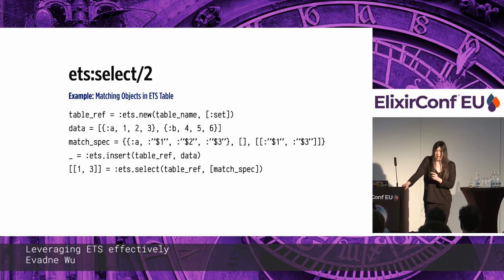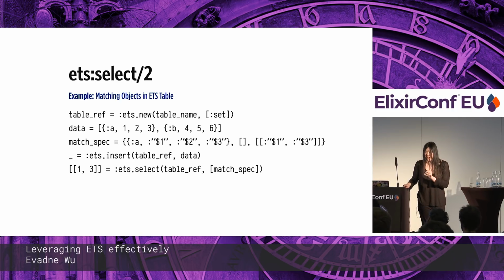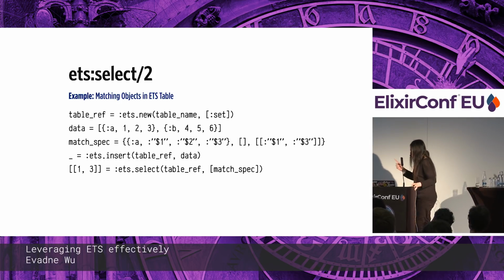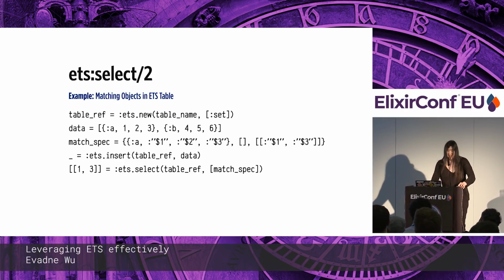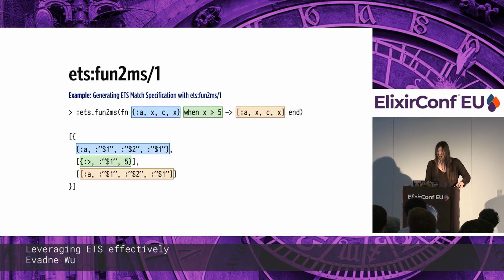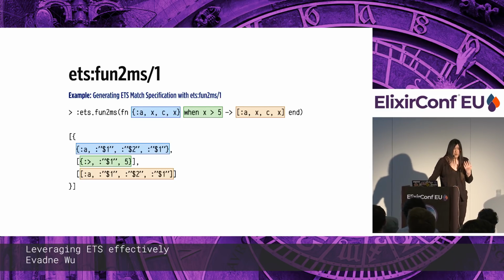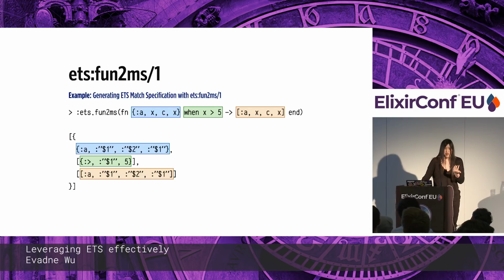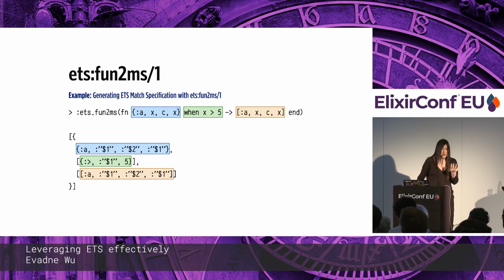But then you can see that the third element in this tuple is actually a nested list. Basically, it means that for each match, return to me a list of 2 items. The first item comes from the second item in the matched object, and the second comes from the 4th item in the matched object. So it's kind of a complicated thing to look at. That's why, as I said before, you really want to use the function to match specification helper, which allows you to understand what's going on.